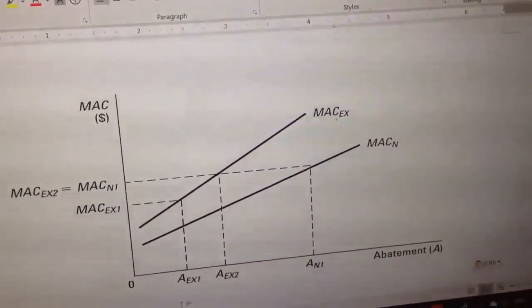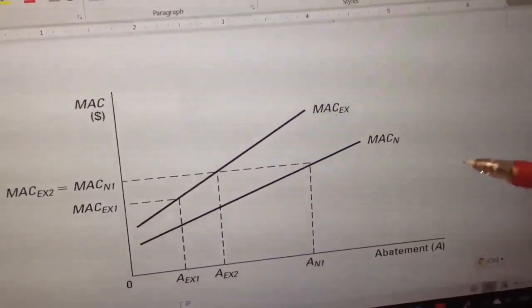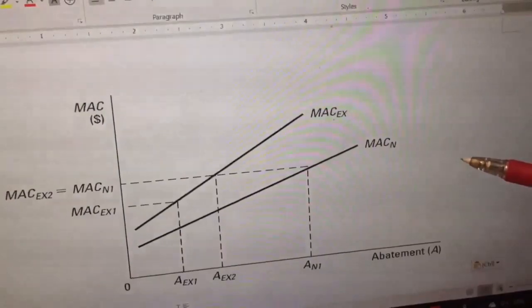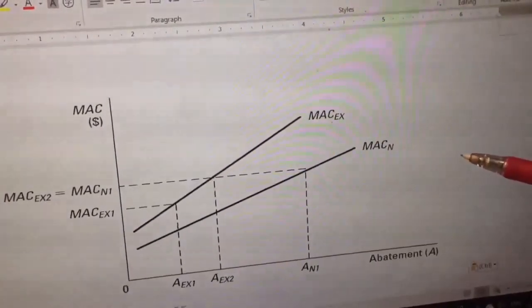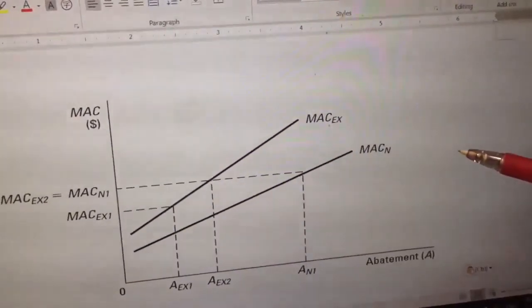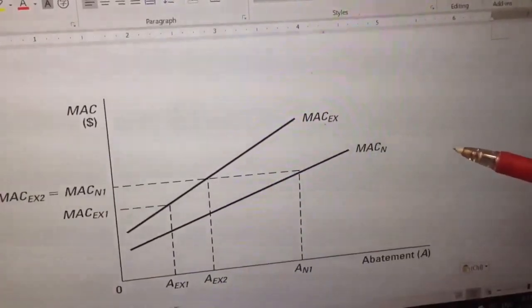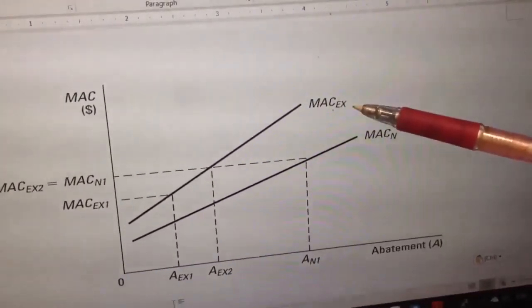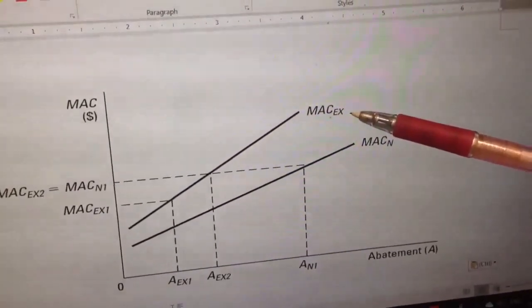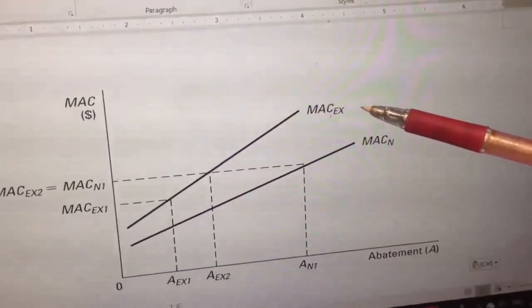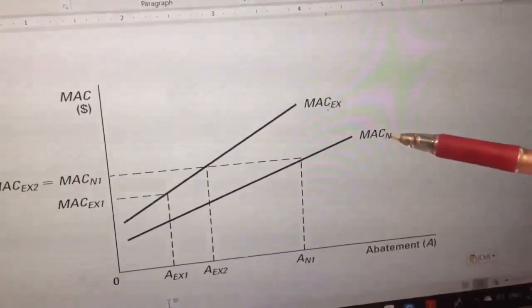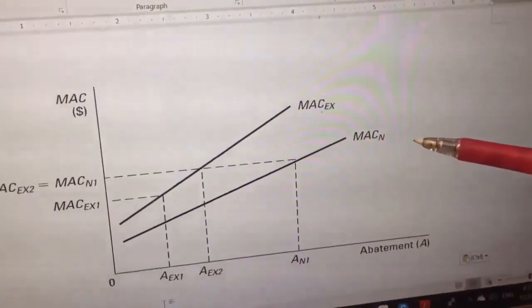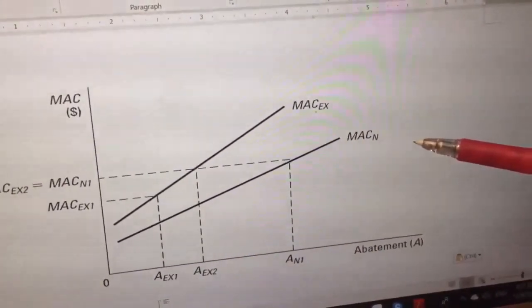So look at the graph of dual controls approach and new source bias, which models the marginal abatement cost function for new and existing sources. The mark S is for existing sources, and the mark N is for the new sources.